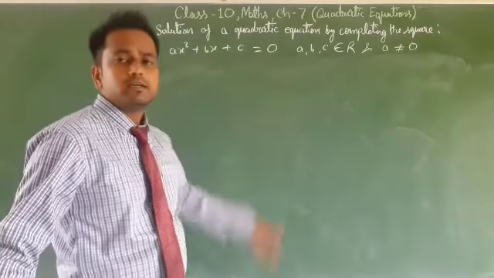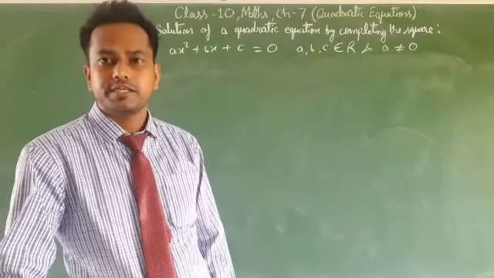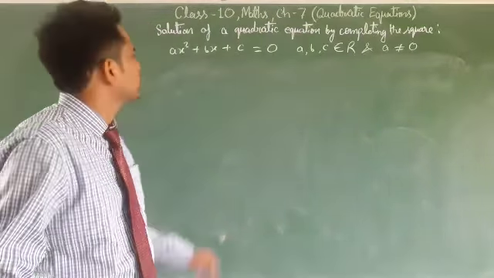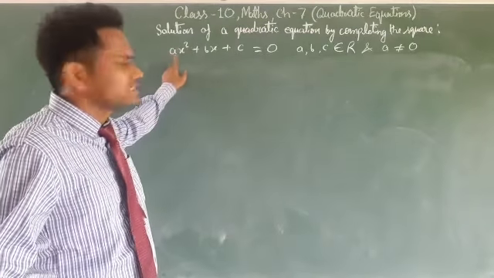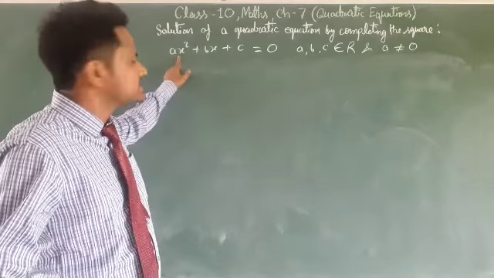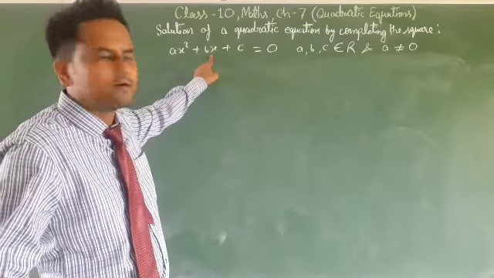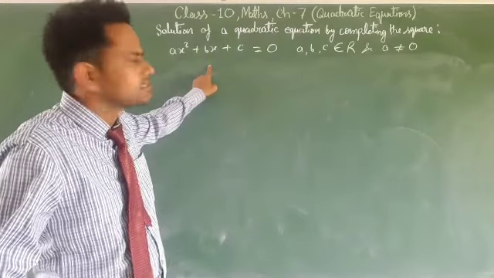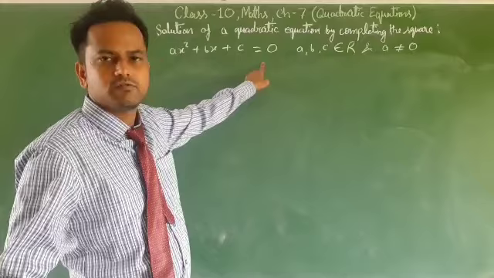So first, in this quadratic equation we have to make the coefficient of x square 1. That means we have to take out a as a common. If we take out a as a common, then this term will become x square, this term will become b by a x, and this term will become c by a is equal to 0.